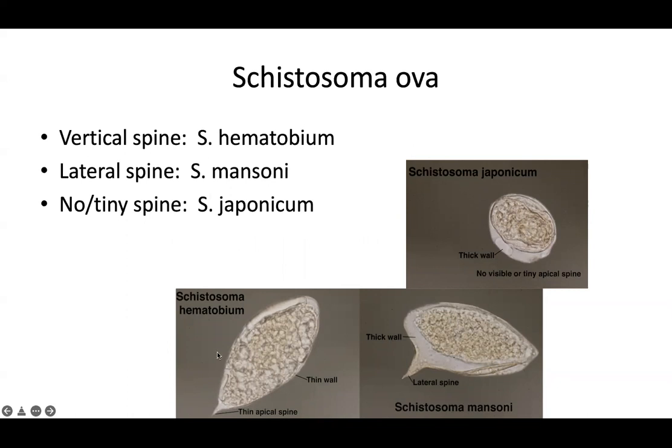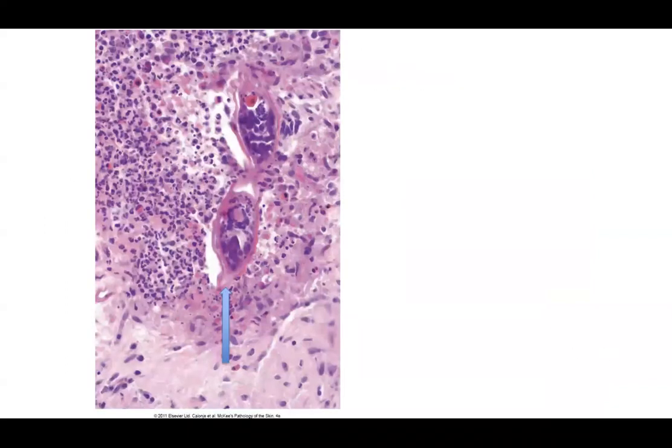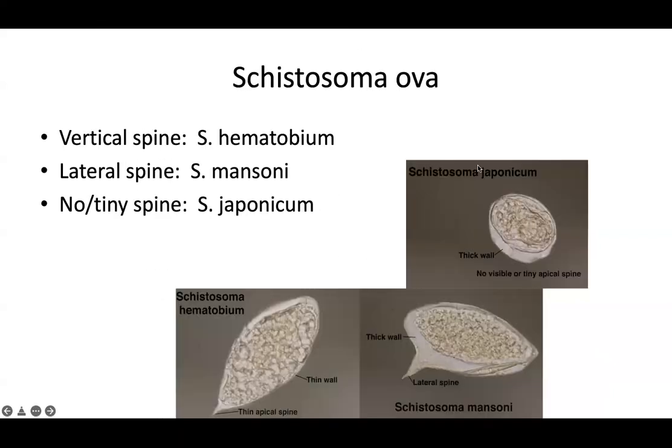In hematobium, you see a thin wall and a thin apical spine. And in mansoni, you see a lateral spine with a thick wall. I would be surprised if they put this on your exam, but you may see them in the tissue. Here is an example of the apical spine appearance that you would expect to see with hematobium.